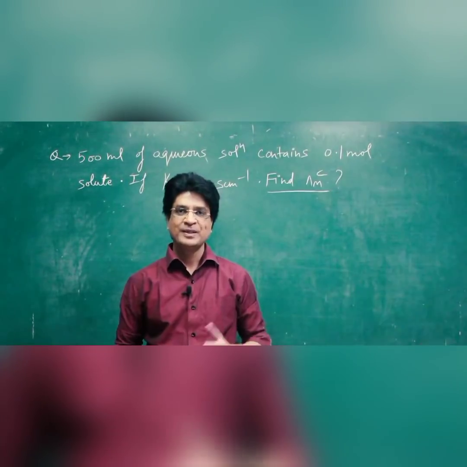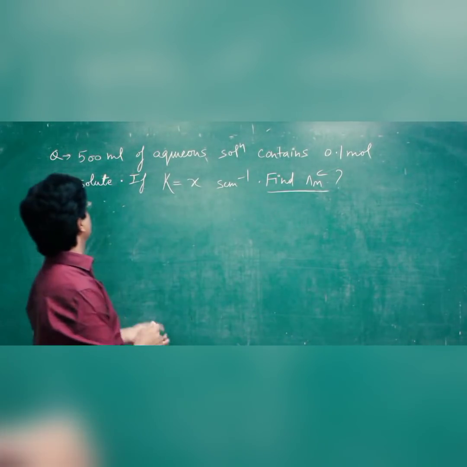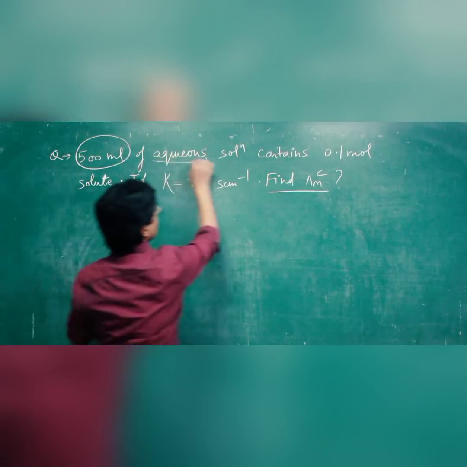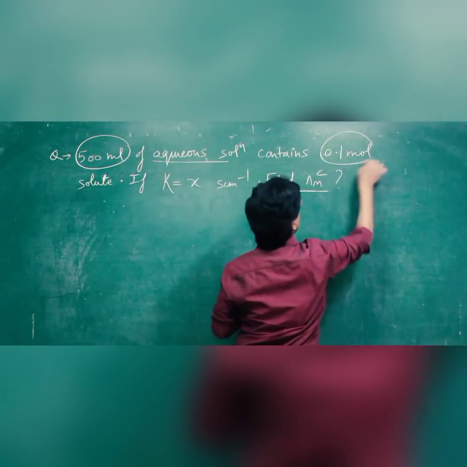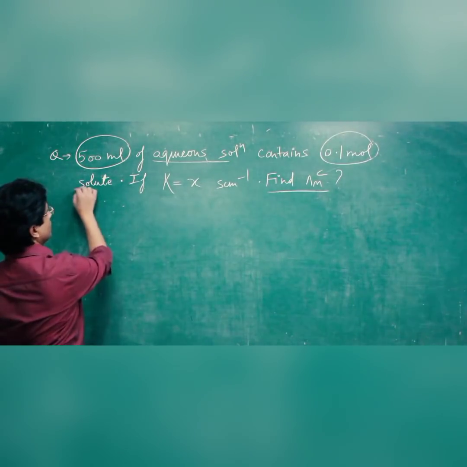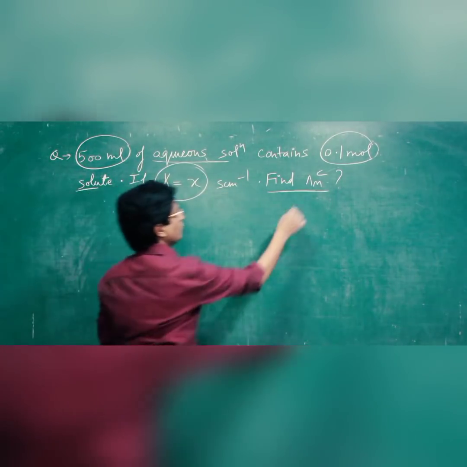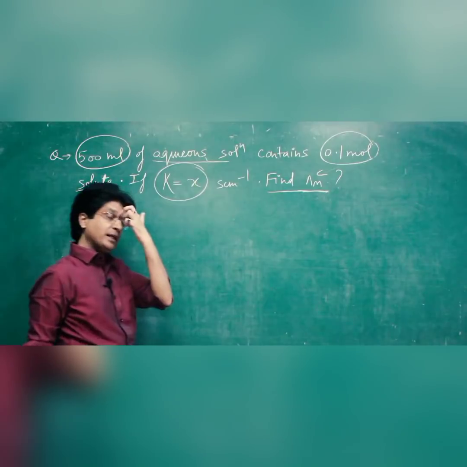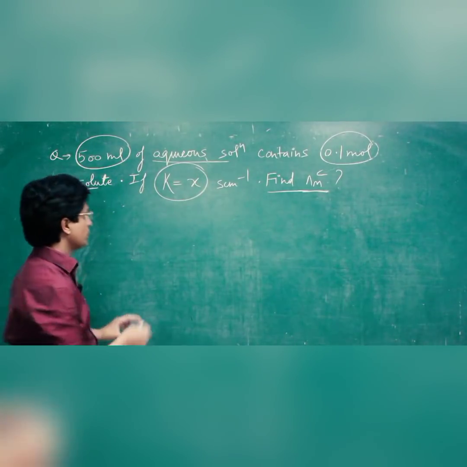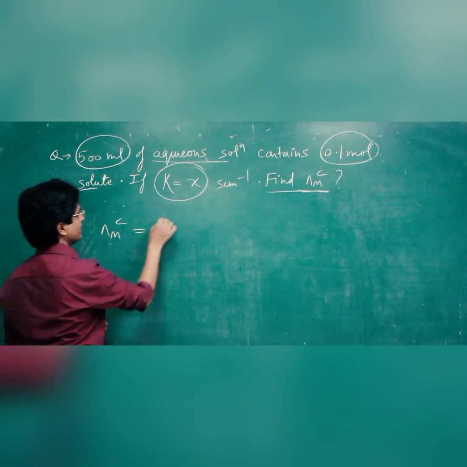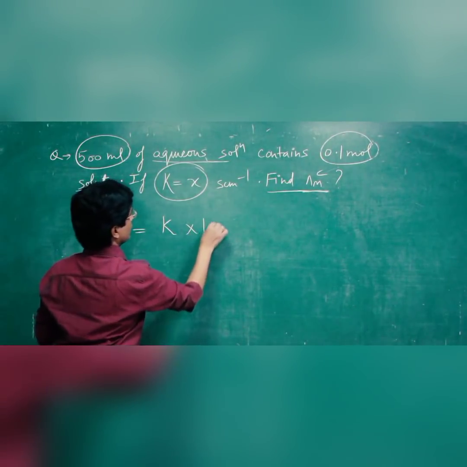Okay. Let's do one more question now. This question says 500 ml of aqueous solution contains 0.1 mole of solute. They're saying if kappa is X Siemens per centimeter, find molar conductance at this given concentration. So I know that molar conductance at a given concentration is kappa into 1000.